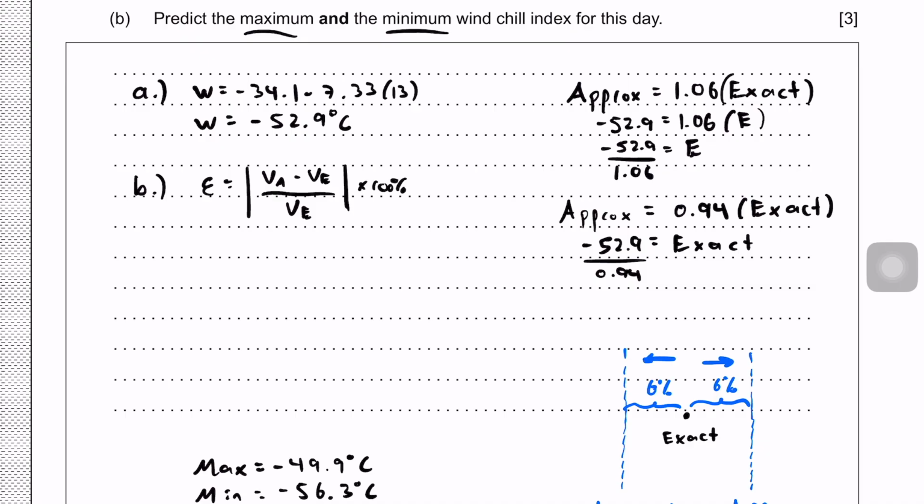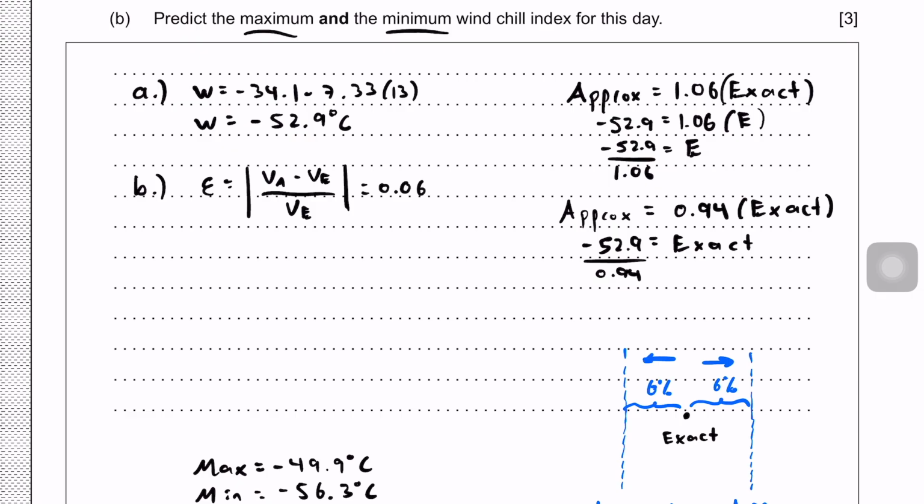They told us in this case that the percentage error was 6%. So in this case, approximate minus exact over exact is equal to 6%, or if we wanted to, we could even represent this as a decimal.